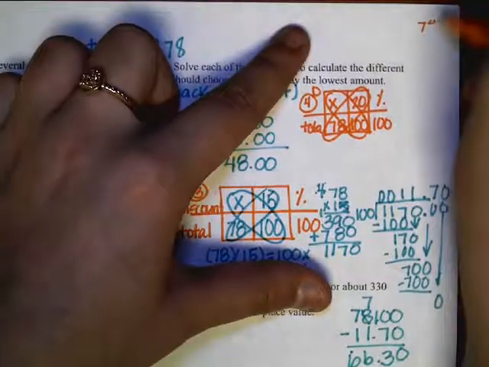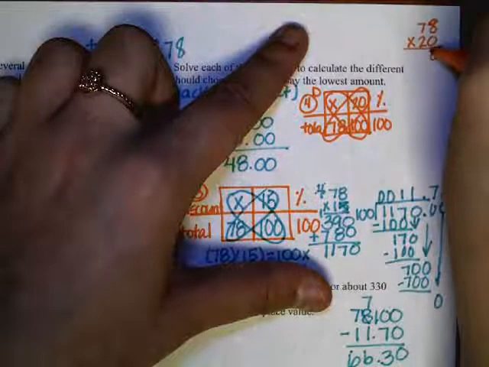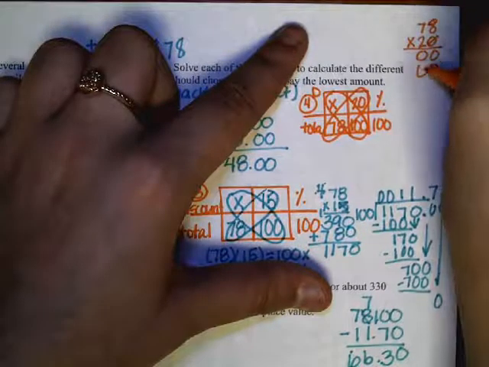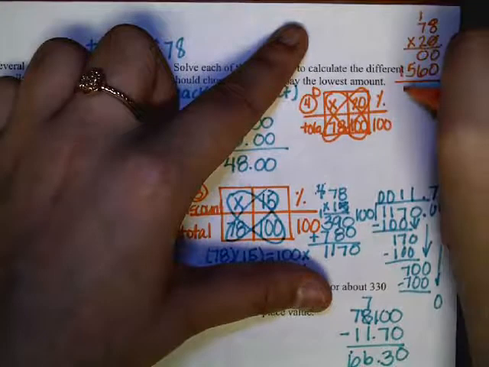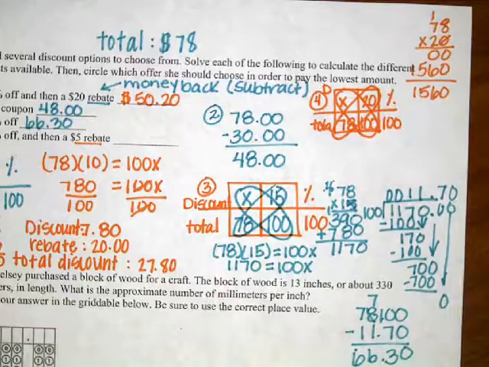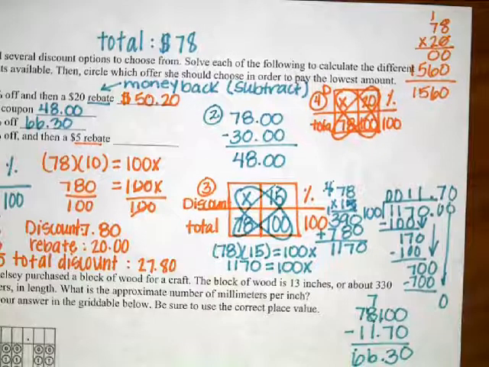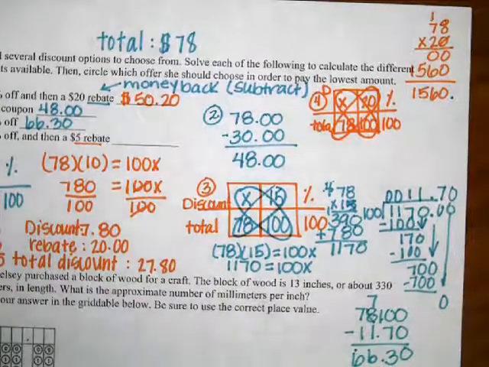First step is 78 times 20. And you get 1,560. A little trick to remember, if you're dividing by 100, you just have to move your decimal over 2 spaces to the left.